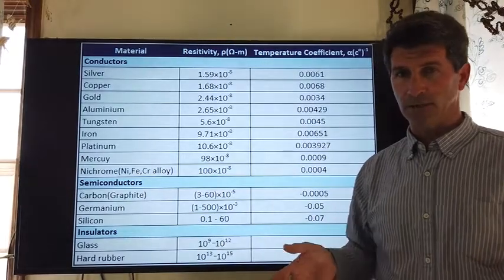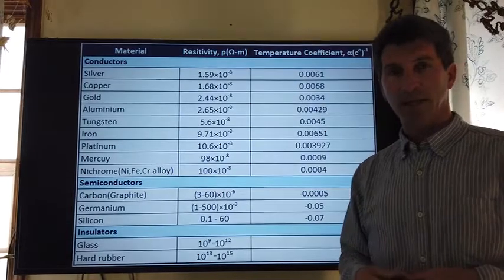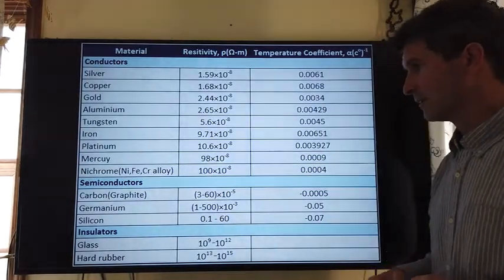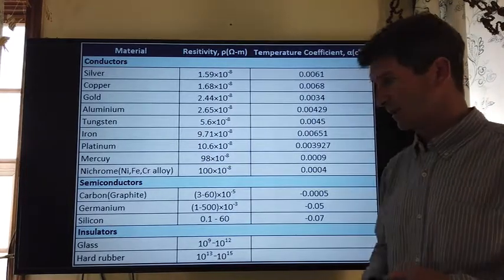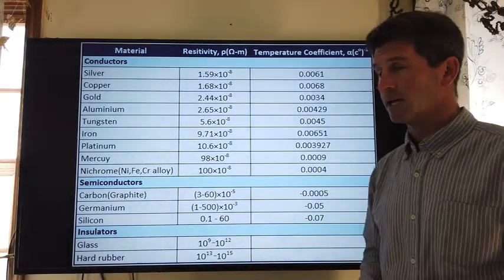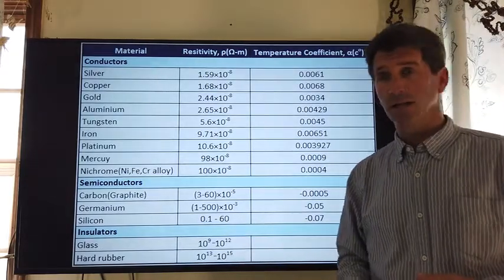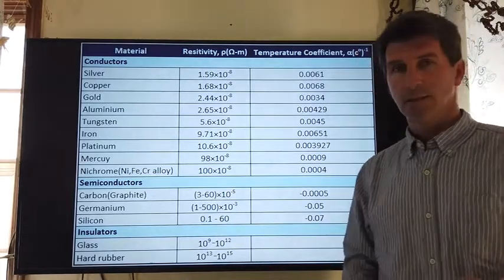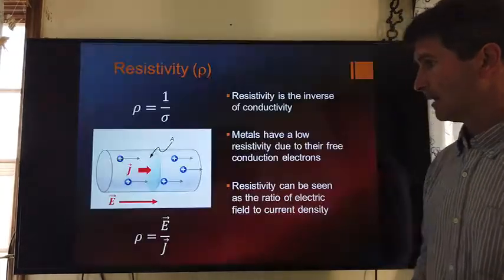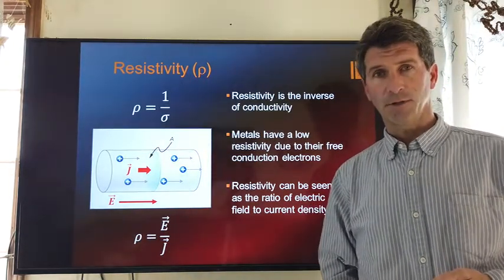Carbon's not metallic, obviously, but kind of has a semiconductor feel to it. Germanium is a semiconductor, and certainly silicon is a semiconductor. Once we get to the non-conductors, the insulators, the resistivity is very, very high. We don't have any free charges to move, so really you're going to need an extreme electric field to get any flow of charge.